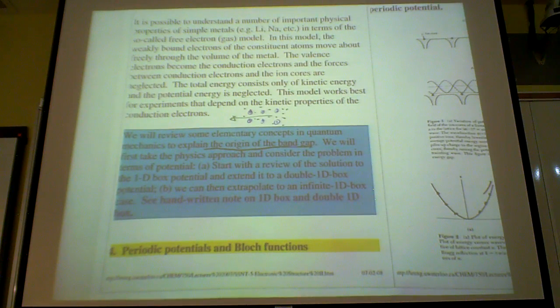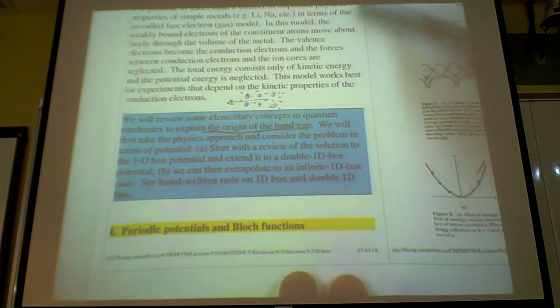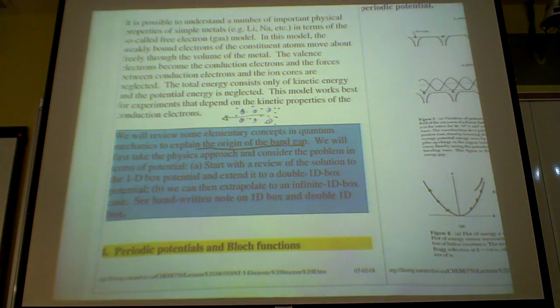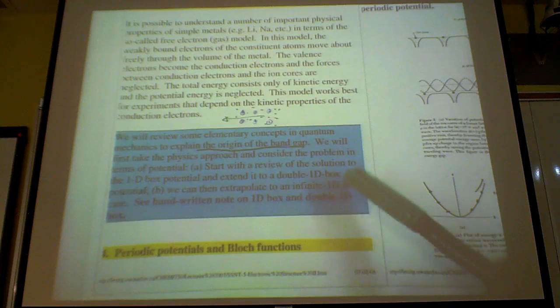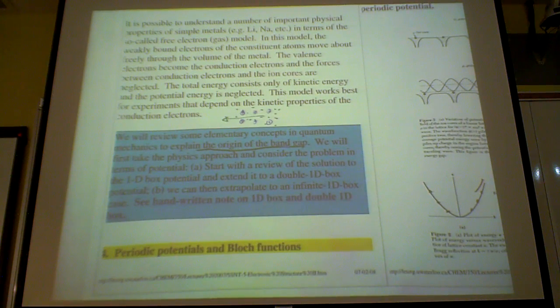So this is our starting point, the free electron gas model. I'm going to give you a quick rundown of this physics way of looking at a particle in a one-dimensional box, then a particle in a double one-dimensional box, two one-dimensional boxes, and then you can extrapolate to an infinite number of one-dimensional boxes.